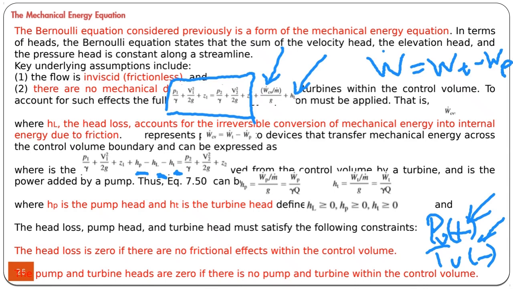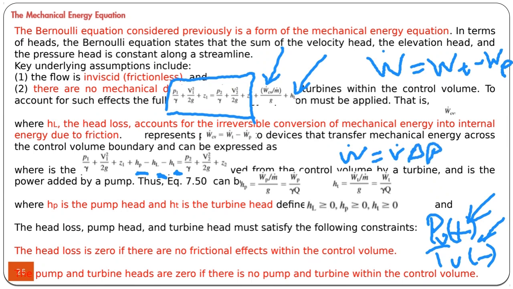Remember that in the calculation of pump power in vapor cycles, steam cycles, we said that the pump work or pump power is calculated from V dot times delta P. V dot here is the volumetric flow rate.